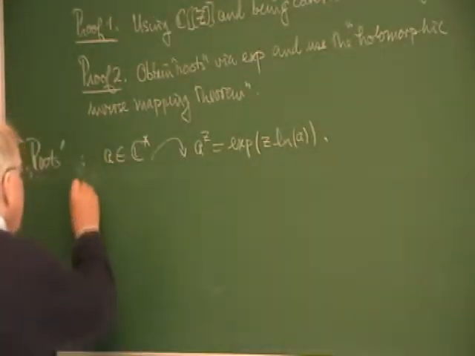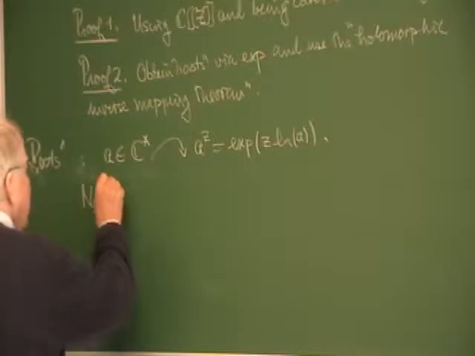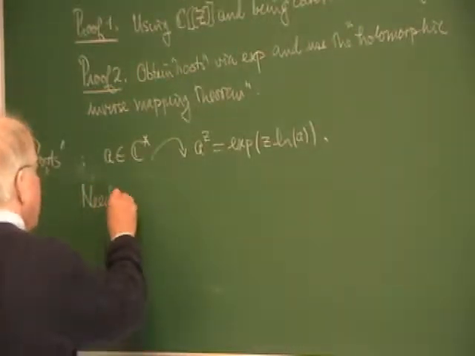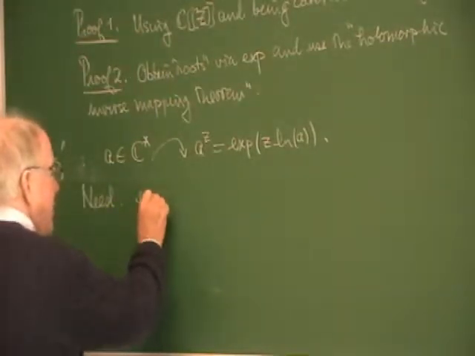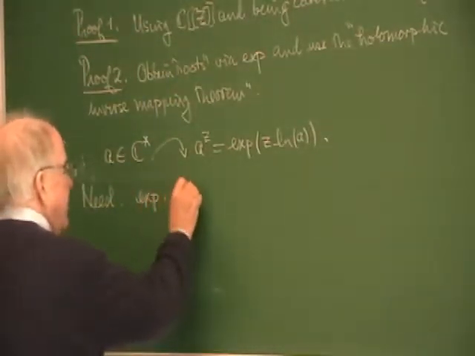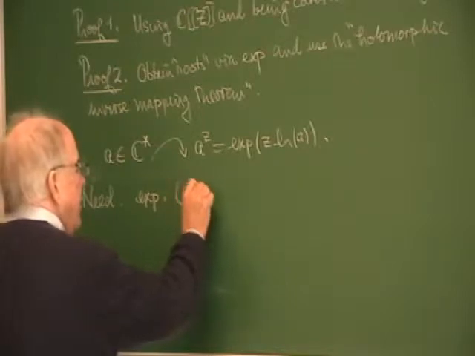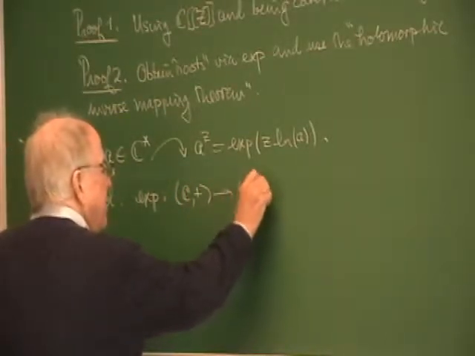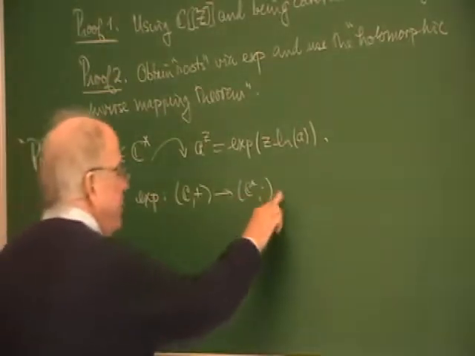And here you need various things. You need the exponential map, which is a holomorphic map from C to C star, which is a homomorphism.